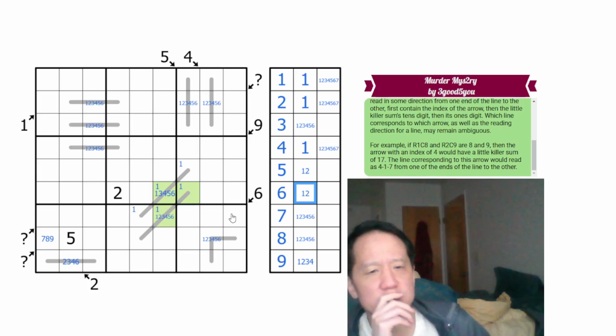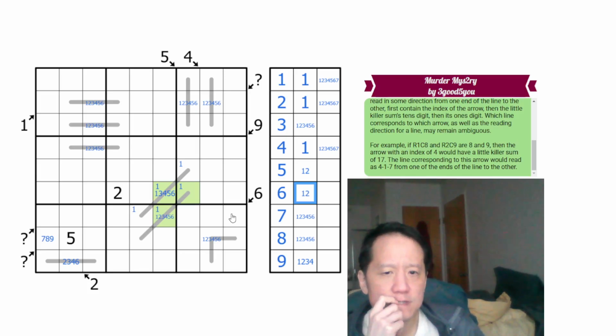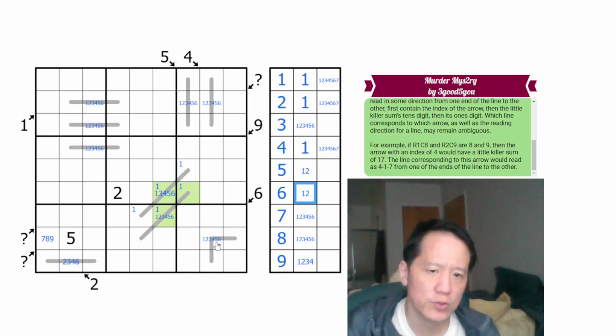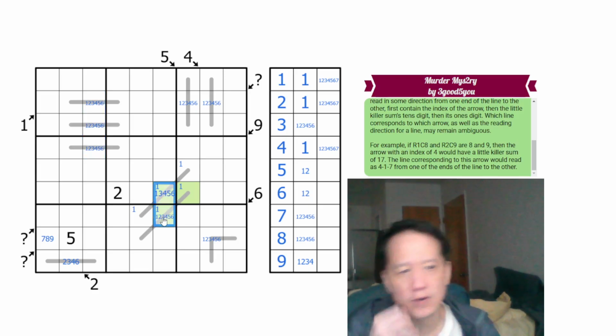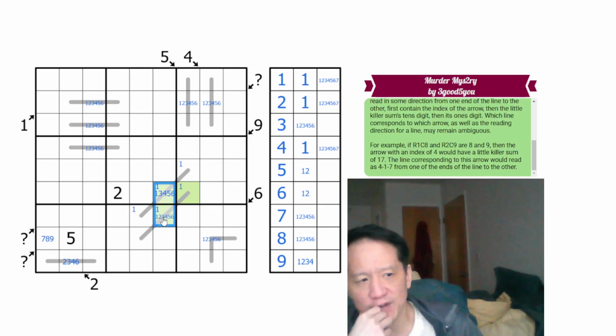Is that a guarantee? Say 6 was a 2. If 6 is a 2, that would mean this would have to be at least 4 with 8 and 9, but then we would only have 1, 1, 2 ones, and a third one available. So therefore 5 would have to be a 2.